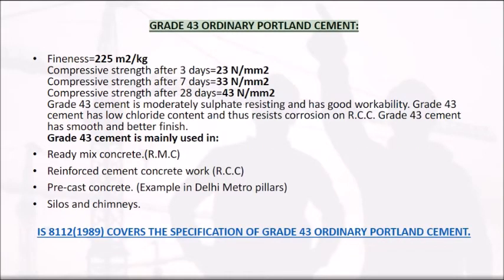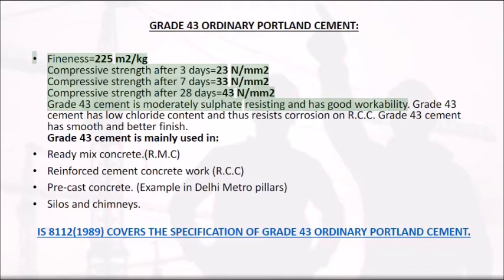Grade 43 Ordinary Portland Cement. Fineness equals 225 m2/kg. Compressive strength after 3 days equals 23 N/mm2. Compressive strength after 7 days equals 33 N/mm2.